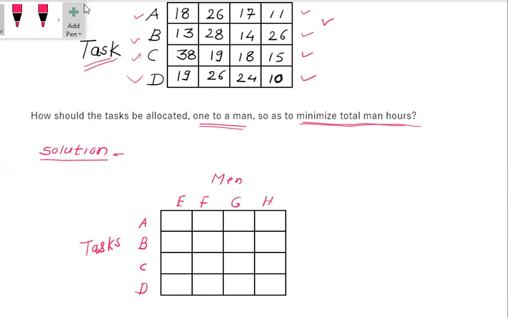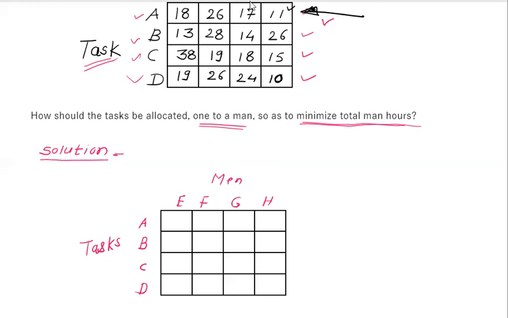Now, consider the first row. In this first row, the entries are 18, 26, 17, 11. So the smallest entry is 11. Subtract 11 from all the entries in the first row.